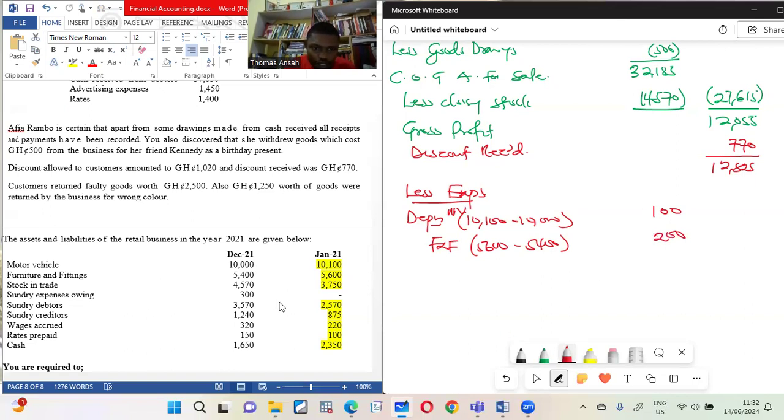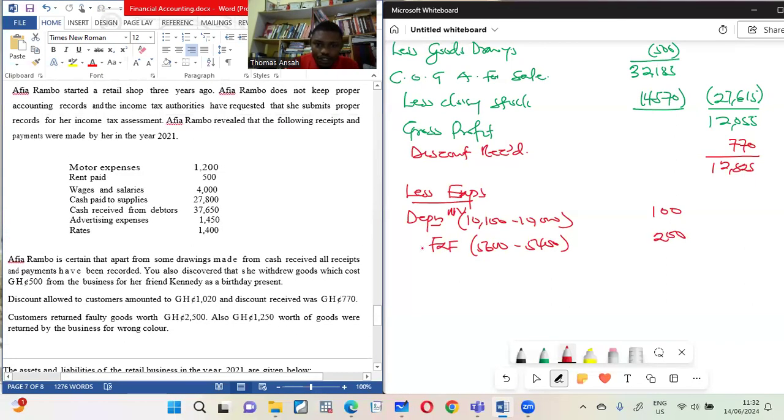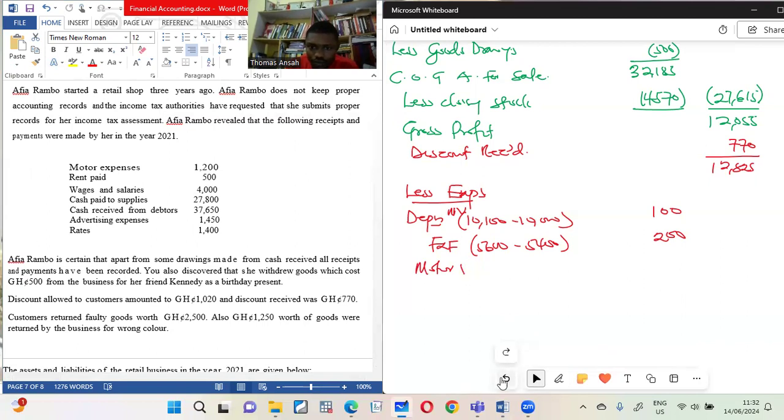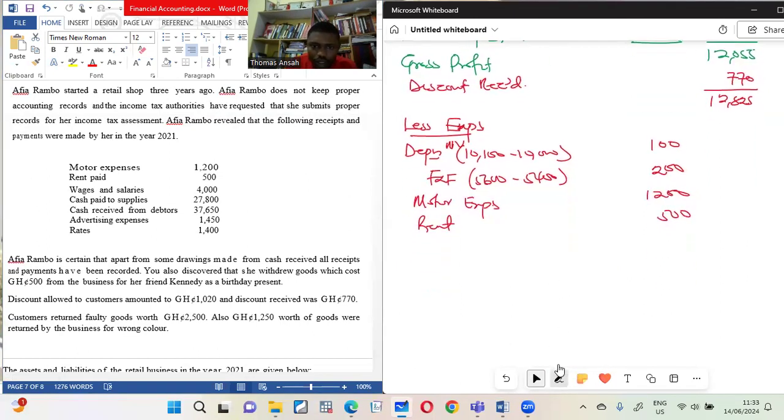Be careful to spot this. After you've spotted this, let's go up and do all our expenses. So we have motor expenses. That is 1,002. Then we have rent paid. That is 500. If we had done the 800 in the cash book, the 800 would have come here. But this is what we have. So wages and salaries is next. We did an account for it.